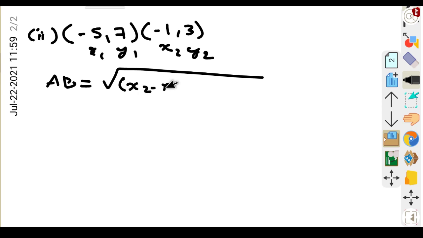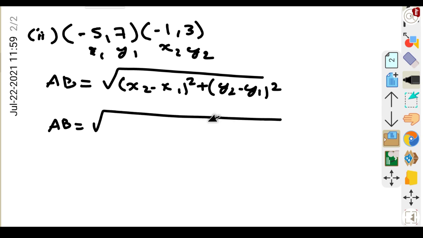So x2 minus x1 whole square plus y2 minus y1 whole square. So AB equals under root of x2 is minus 1 and minus x1 is minus 5, so I'll write in a bracket whole square, plus y2 is 3 minus y1 is 7 whole square.